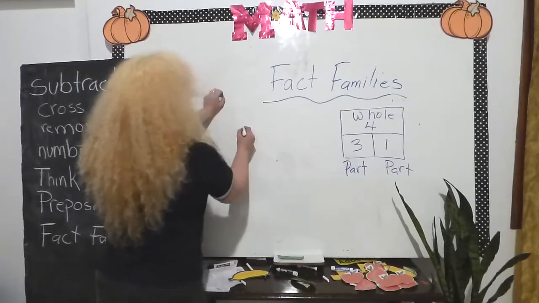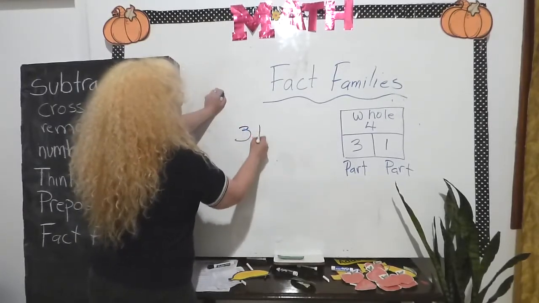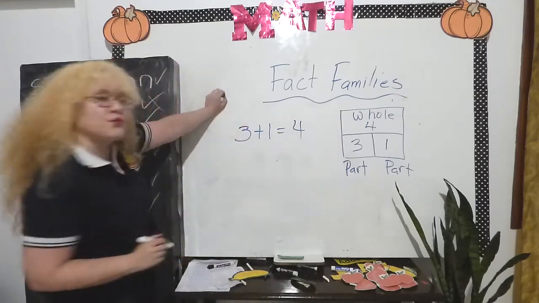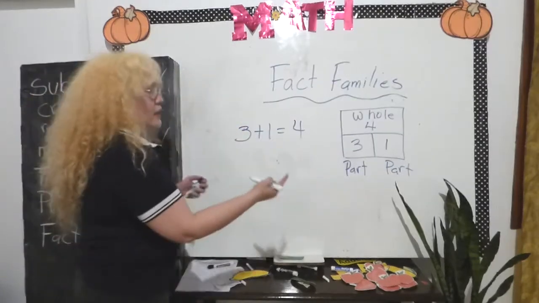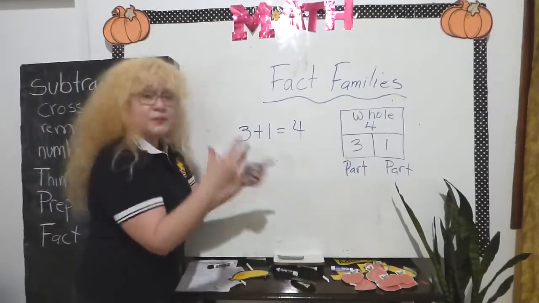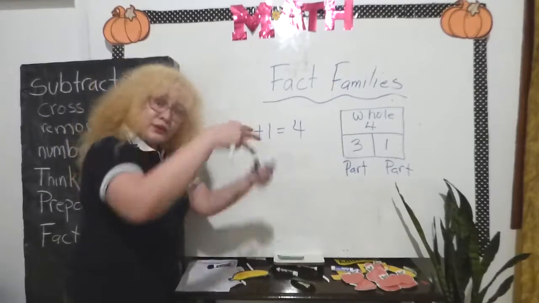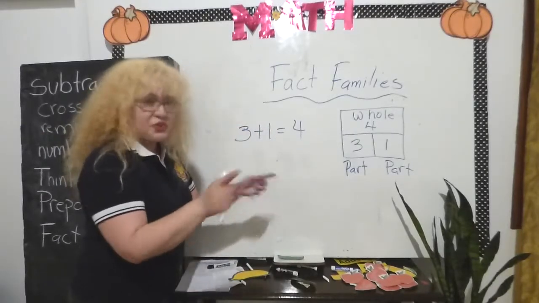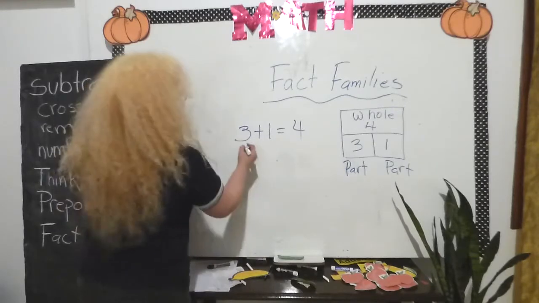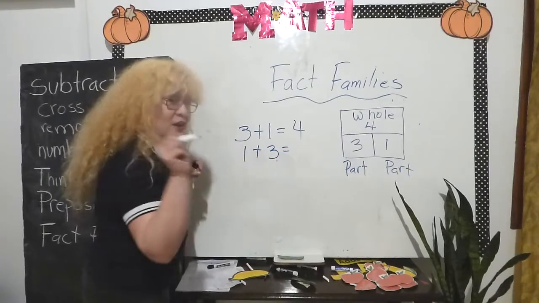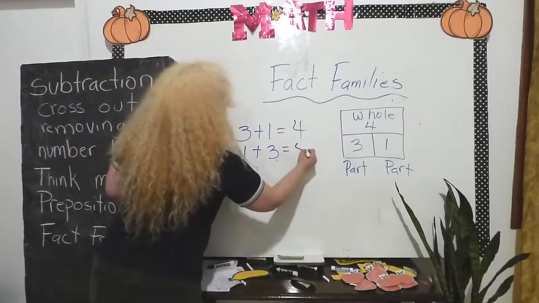So the first one I am going to do is 3 plus 1 equals a whole, right? 4. Then I'm going to remember that if you put things together, it doesn't matter how you put them together. If you're adding, the position or who's first or who's second doesn't matter. So 1 plus 3 is part of the family too.